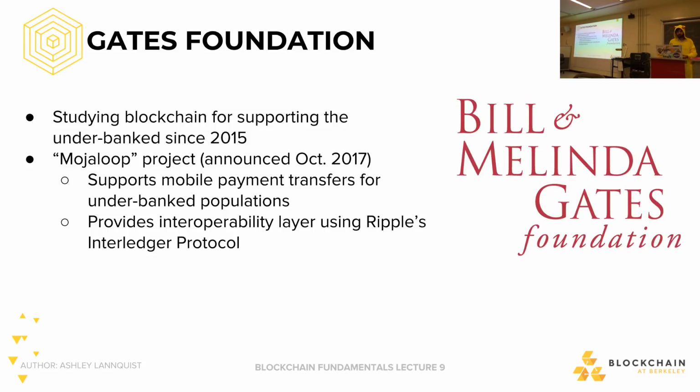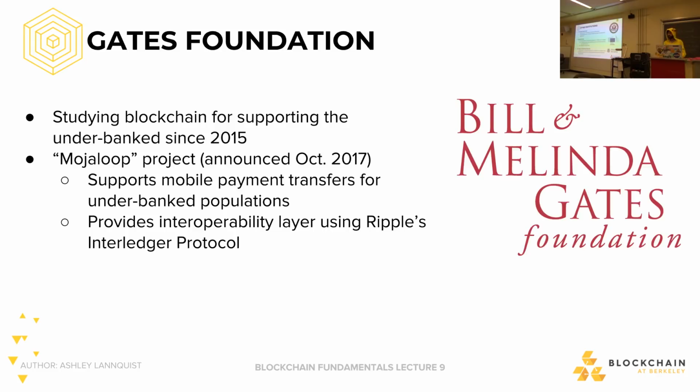So through the Mojoloop project that was announced this month, they would support mobile payment transfers for underbanked populations and provide an interoperability layer using Ripple's Interledger protocol. So the idea is building off of this protocol for just making it easier to transact. Now you can do Ripple payments through mobile devices in places that don't have access to banks, but may have access to smartphones or other technology.